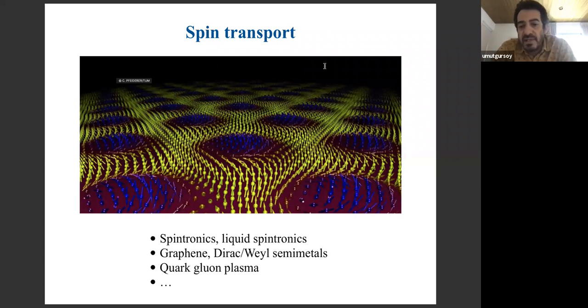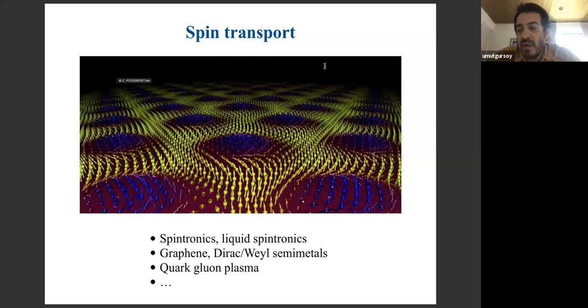This is extremely interesting, but there are a lot of theoretical problems in producing spin currents, transporting them from one point in space-time to another, making them stable, and then constructing transistors based on spin transport. All of these are extremely interesting questions with potential technological applications, but the theory behind it is still not completely well understood.